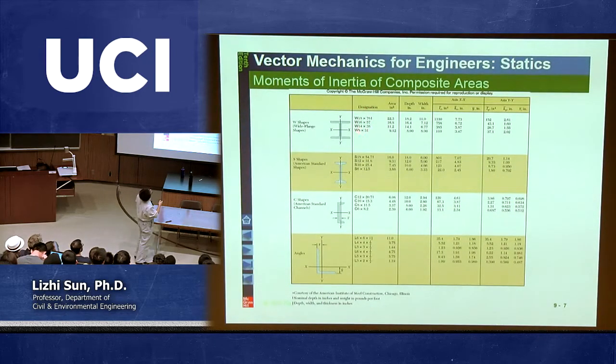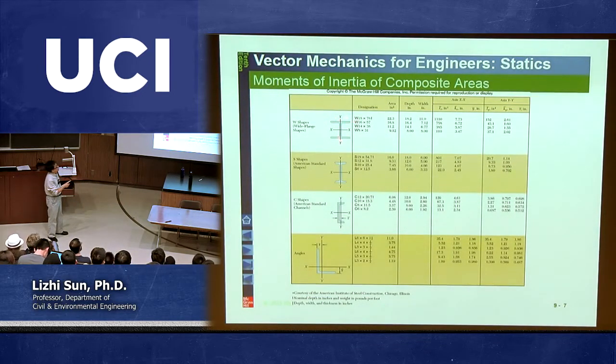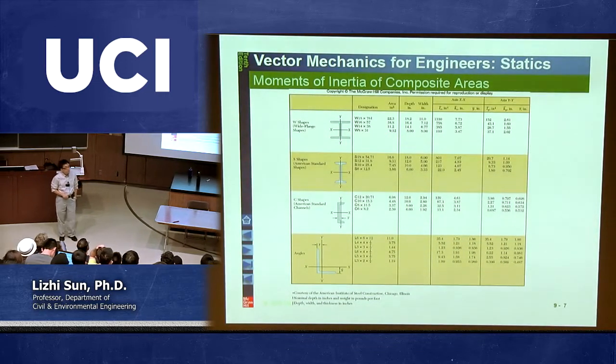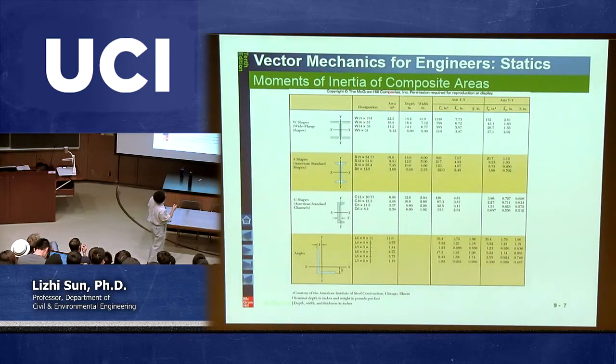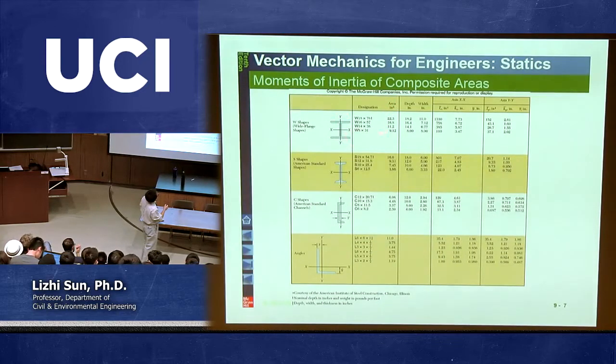For the designation W14/38, that means if you have this kind of shape, instead of calculating the moment of inertia by yourself from a combination of these three rectangular shapes, you can take advantage of the result directly from the book. So for this W14/38, in fact, we know everything. We know the area of this cross-section, which is 11.2, given here.